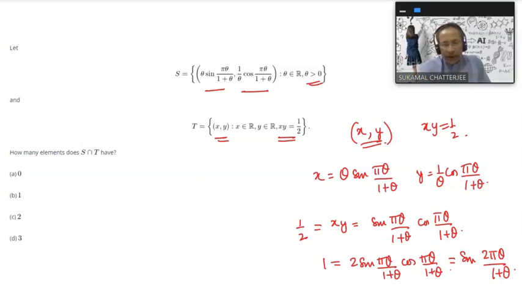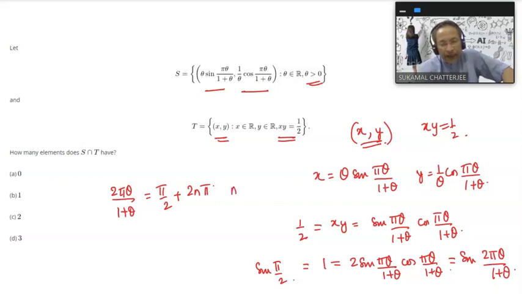Now sine of 2 pi theta by 1 plus theta is equal to 1. So you can write that this is equal to sine of pi by 2. Therefore 2 pi theta by 1 plus theta is equal to pi by 2 plus 2 n pi, where n is an integer.